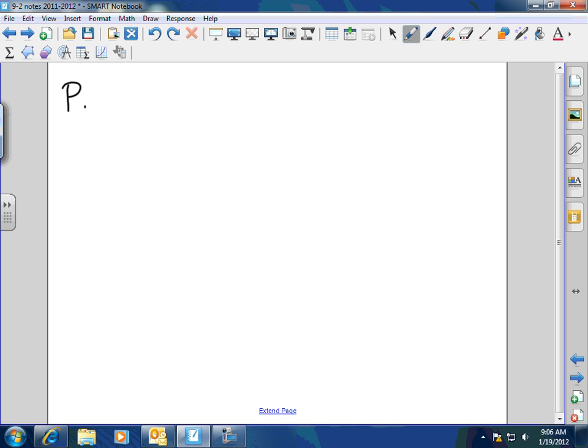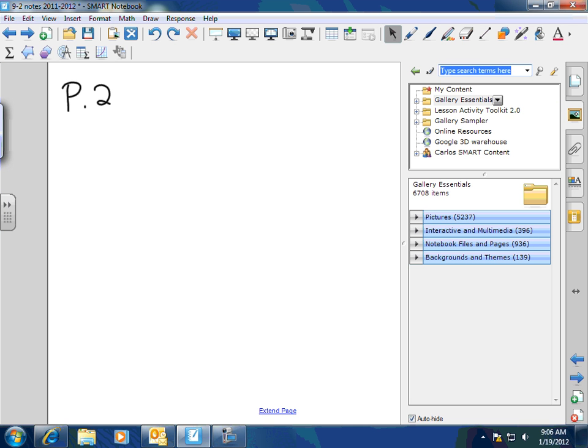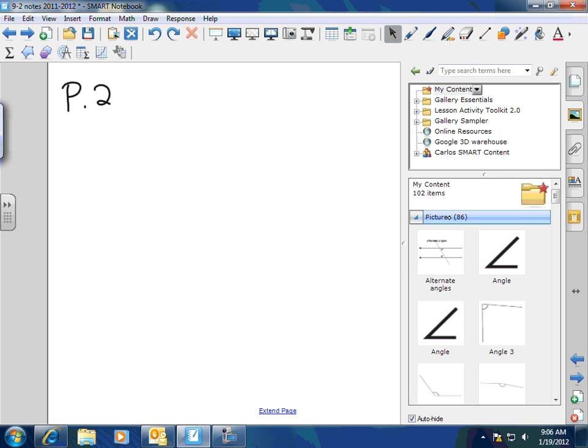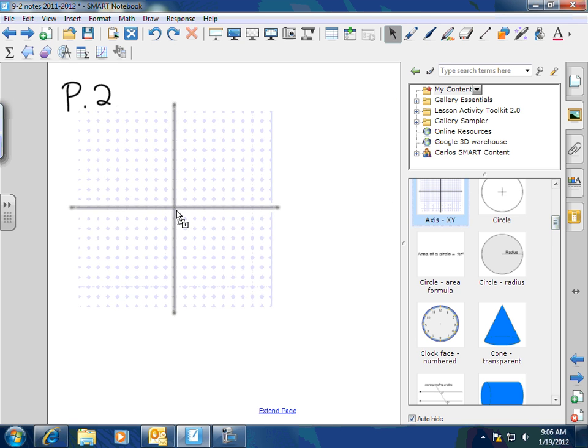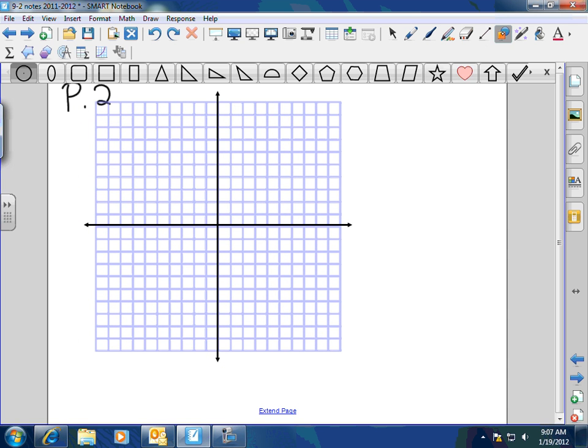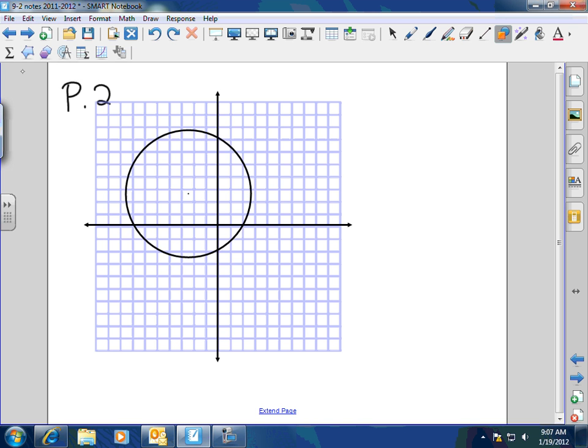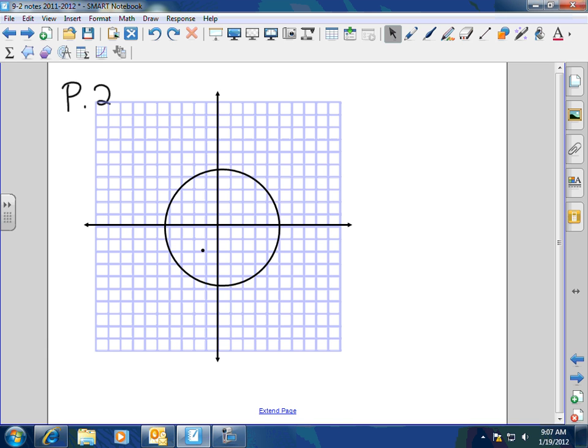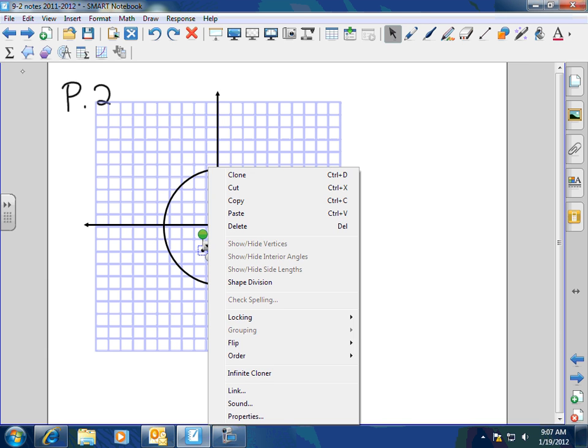Problem 2. For problem 2, they give you the following, guys. They give you this circle here, and the center is right here. Let's get rid of this guy.